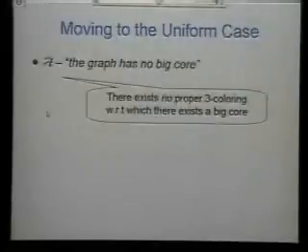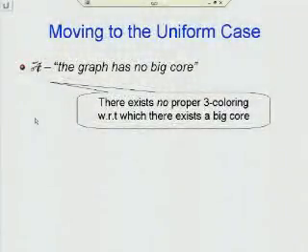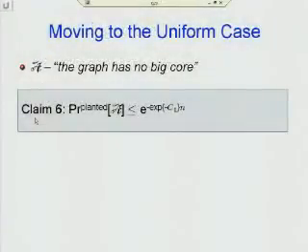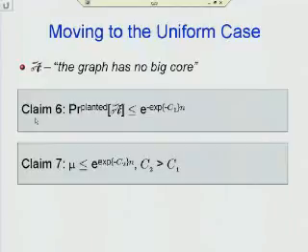So let's see how we can apply this to prove that also in the uniform case you have big cores. Let A be the bad property: regardless of the proper k-coloring, you will not get a core. In the planted case, you can show that the probability of such an event is exponentially small in n, and mu is exponentially large in n.